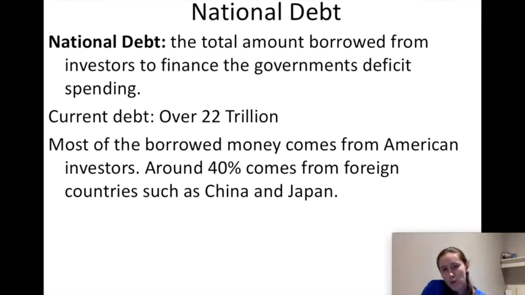Most students know that our federal government has debt, but whenever you ask students who owns that debt, most of the time they think it's outside nations, when in reality, most of the debt is actually owned by Americans, American investors, through purchasing of bonds, for example, which I plan for us to talk a little bit more about in the future. But bonds are basically whenever you as an individual decide to buy some government debt. That means that you allow the government to borrow money from you with the idea that in a certain time frame, the federal government is going to give that back.